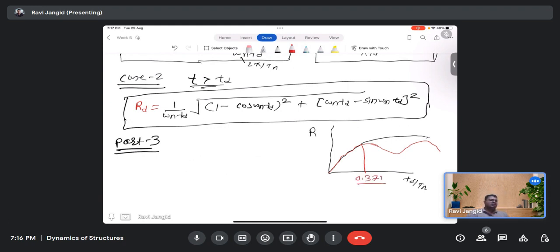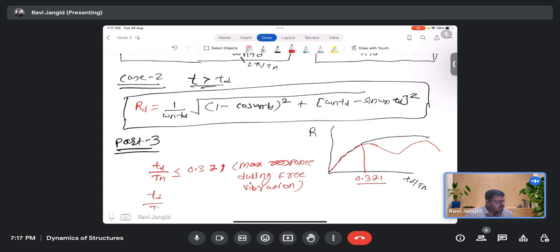If you plot in Excel, you will find that if your td by tn is less than or equal to 0.371, then your maximum response would be during free vibration. And if your td by tn is greater than 0.371, then your maximum response is during forced vibration.